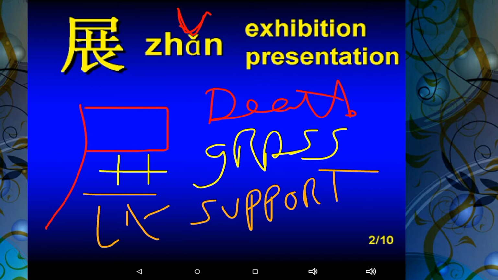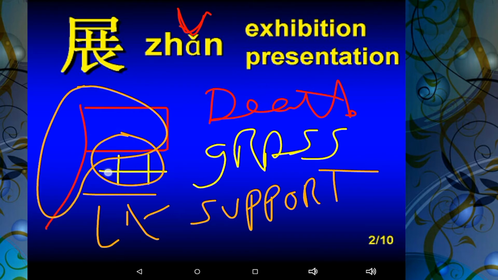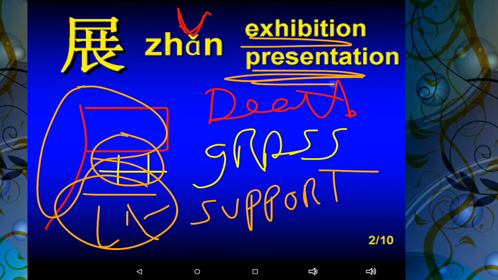These characters together, these parts of radicals together, back in the day when farmers supported or they raised all of their fruits and labor, meaning by the grass, and their land was owned by their ancestors of many years who had already passed away, there came a certain time, harvest time, for the farmer to be able to exhibit and for him to present his fruits of the labor and vegetables.